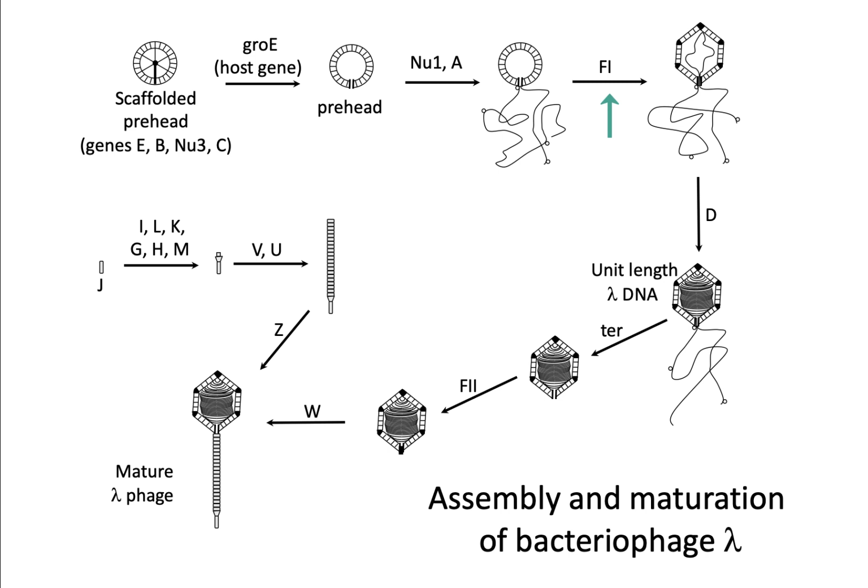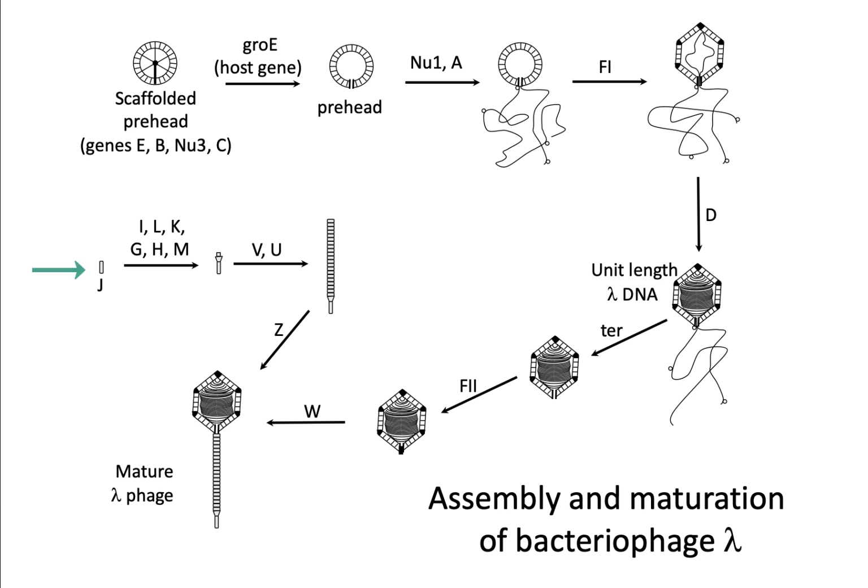And then FI changes the conformation of the head, and eventually you have the termination protein acting on that, just removing the rest of the DNA from the opening in the head. FII plugging the end, and then the W protein attaching the tail to the head.